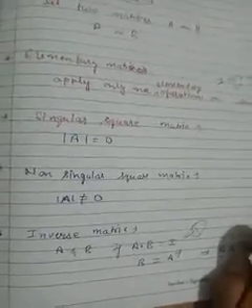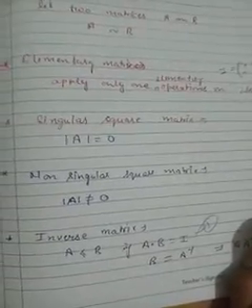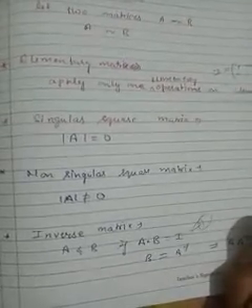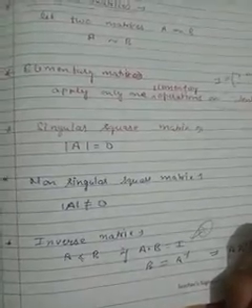Now come to the next topic, inverse of matrices. The inverse of a square matrix exists for non-singular matrices, and if we multiply A with its inverse, then we get the identity matrix. So if you have two matrices A and B, and B is said to be the inverse of matrix A, it is written as B equals A inverse.